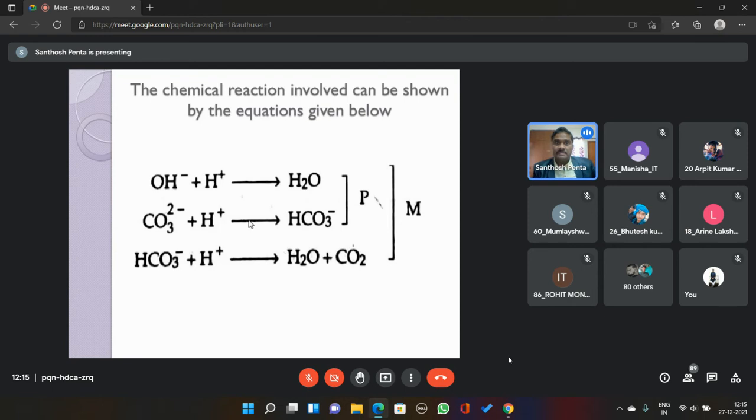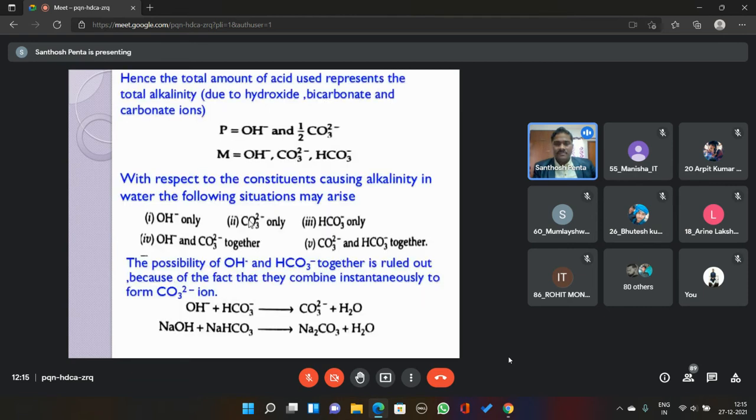Please keep in mind which indicators are used in the determination of alkalinity: phenolphthalein and methyl orange. Why? Because this is an acid-base titration, and the suitable indicators are phenolphthalein and methyl orange.